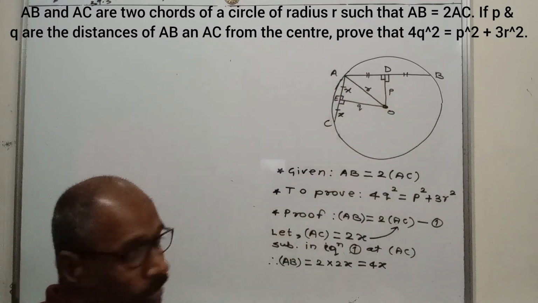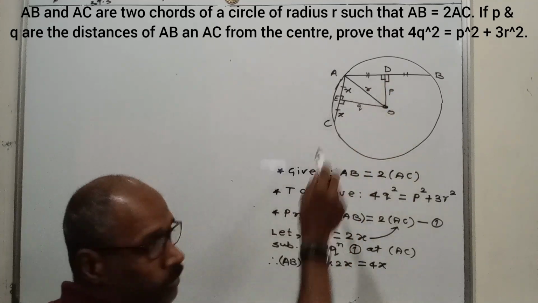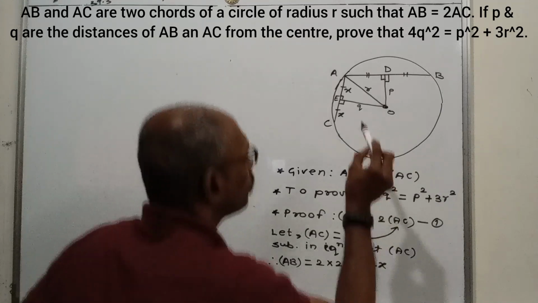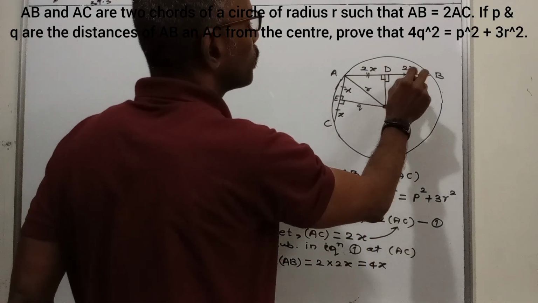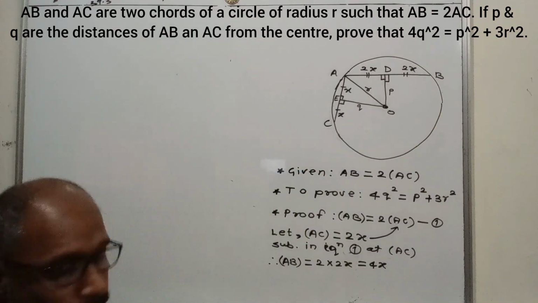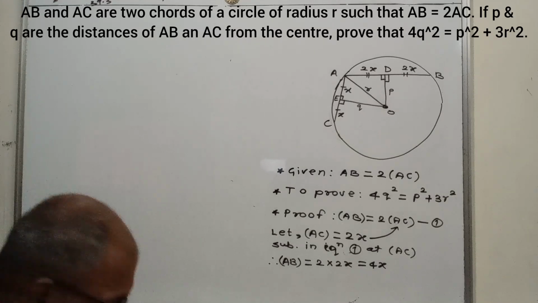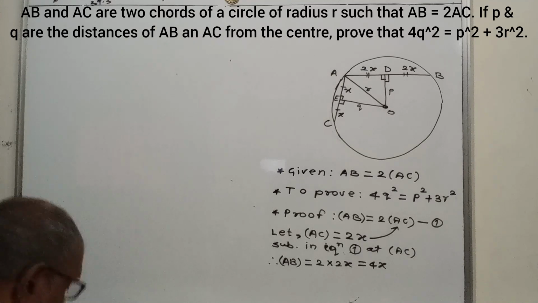Now AB is equal to 4x. The perpendicular drawn from the center to the chord bisects the chord, so 4x divided into 2 equal parts is 2x. This is a 9th standard theorem.